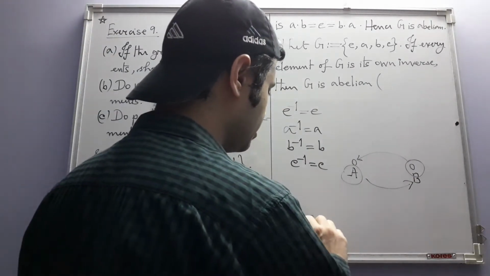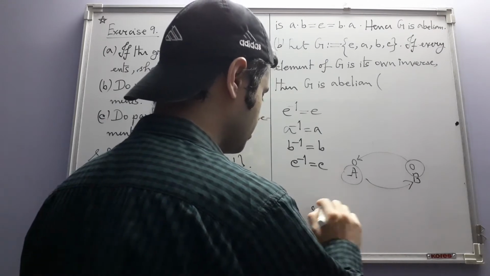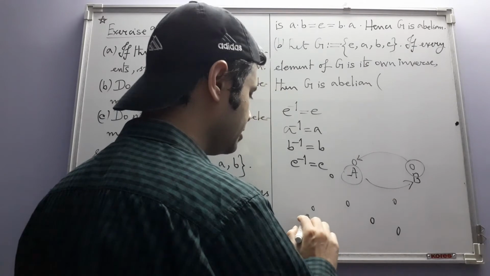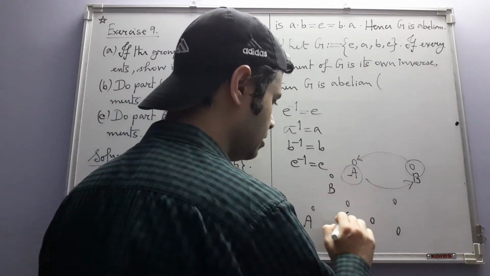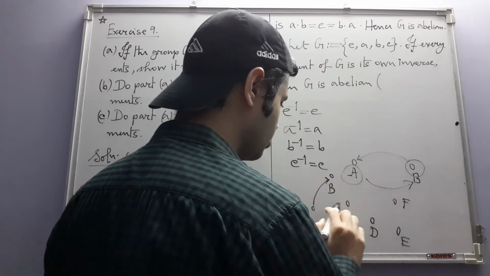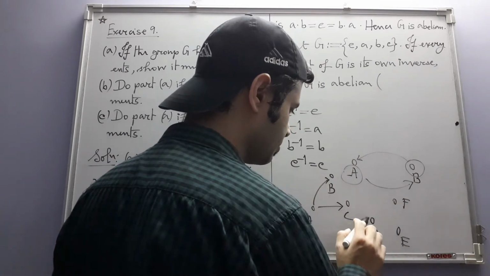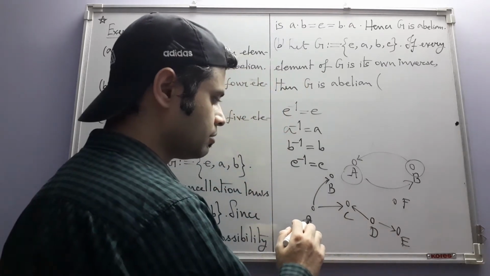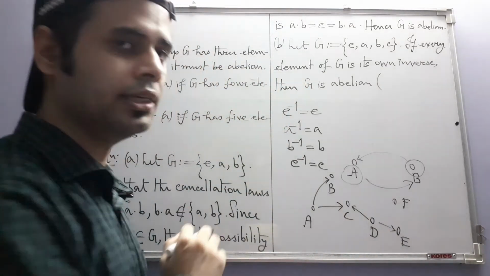In a logical argument or in a logical structure where there are many results, say A, B, C, D, E, F, whatever follows from whatever result, the whole structure should be a tree.